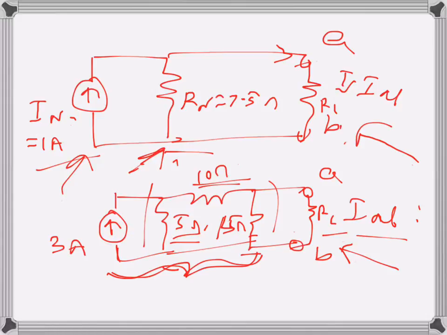So basically we are replacing this whole part by just one current source and one parallel resistance. And this circuit could be even bigger, as we have seen in some examples previously. So I am just drawing these two together, the original circuit and the equivalent circuit, just to show the comparison. So yeah.